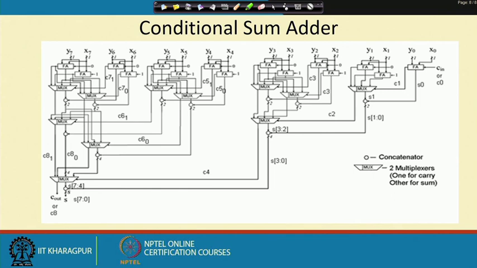Whenever we do this pre-computation or pre-assumption based computing, we are putting redundancy into the circuit. Whenever we put redundancy, it consumes more area than the original one. So, in this case I am getting the benefit of delay at the cost of area.